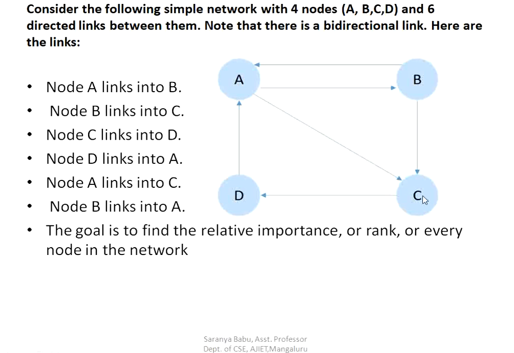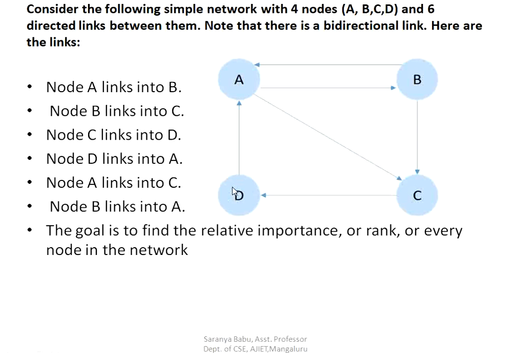Node C to D. So node D is going to receive 100% of node C's influence. Clear? Understood? So D will get all the influence of C. Similarly, A will get all the influence of D.